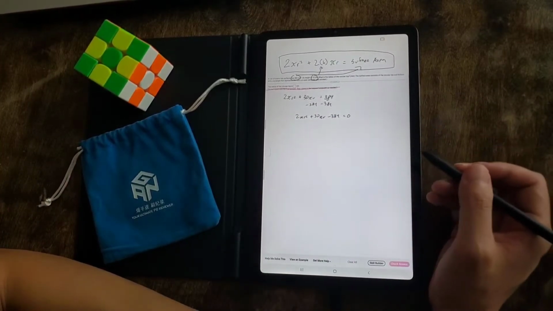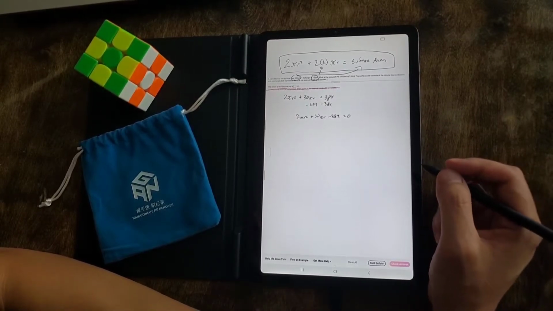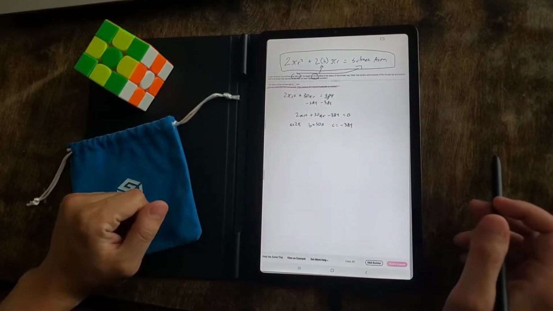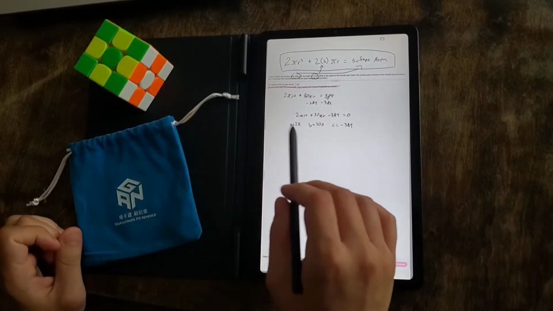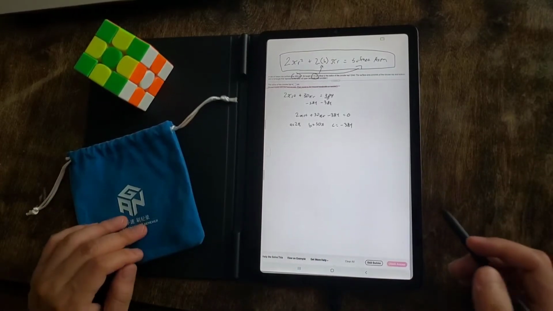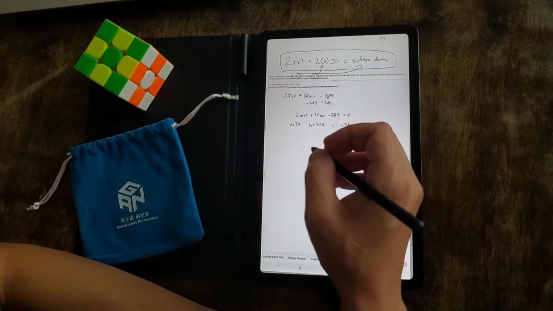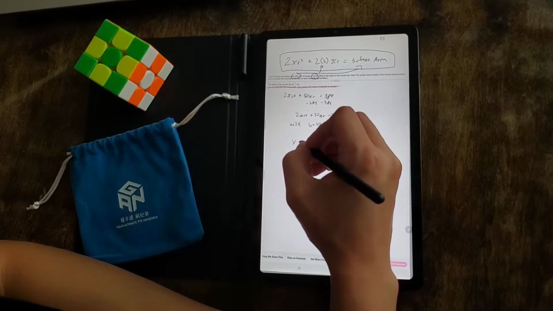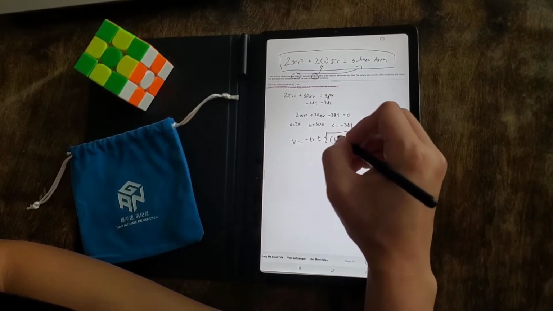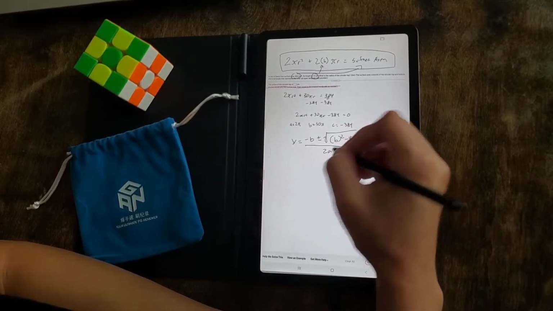Now that it's in standard form, we can find the values for a, b, and c and use the quadratic equation to solve the rest of this problem. Okay, so for reasons unknown, our a value is going to be 2 pi, our b value is going to be 30 pi, and our c value is going to be negative 384. Now we're going to write the quadratic equation, which is x equals negative b plus minus square root of b squared minus 4 times a times c over 2a.